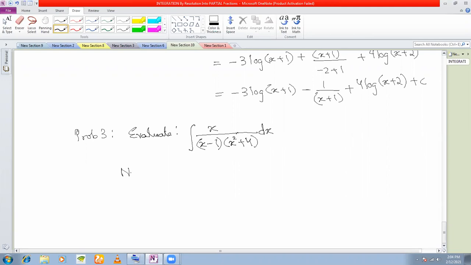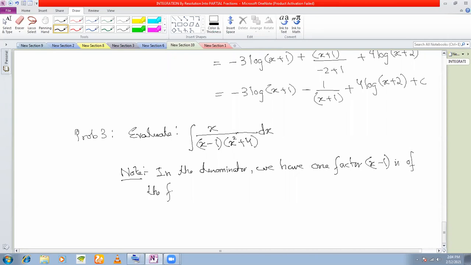You see that in the denominator, what factors you have? One factor x minus 1 is of the form ax plus b, which is a linear factor, isn't it?